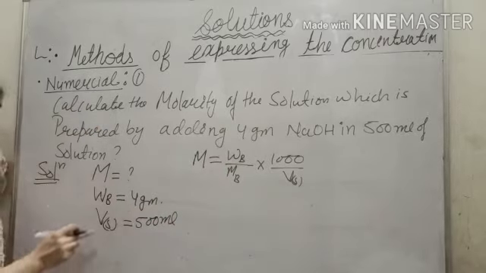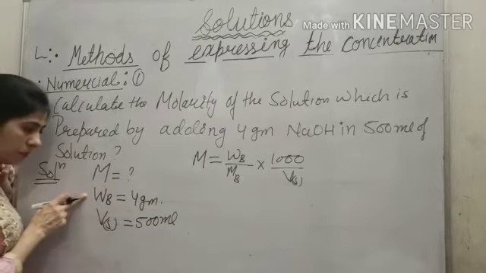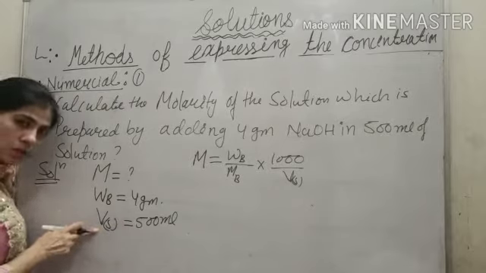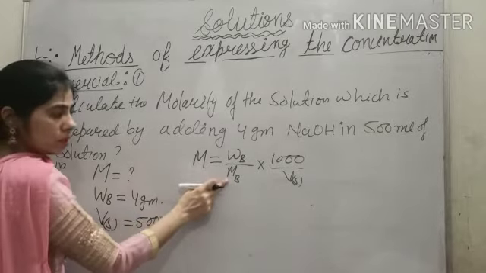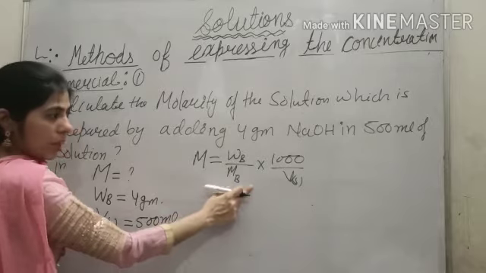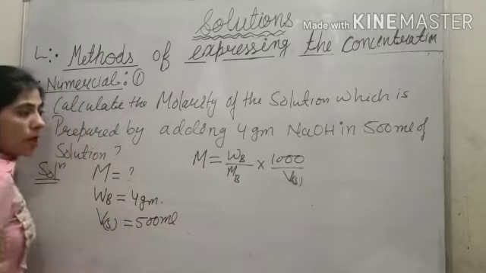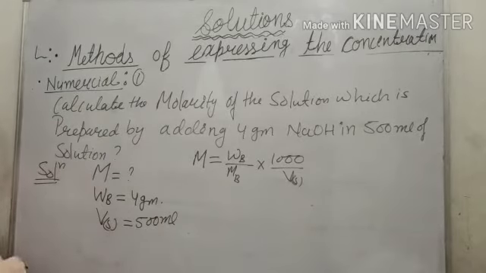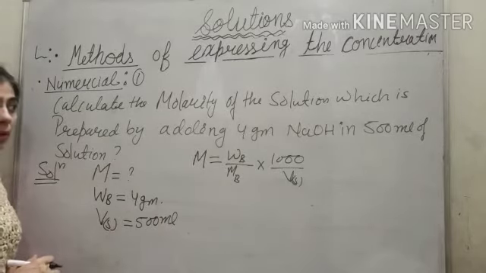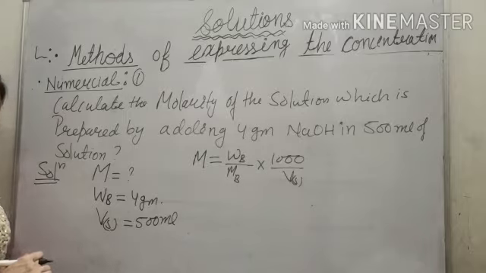And what is given to us? WB is given. Volume of the solution is also given. Now what is the value of MB? MB is the molecular mass of the solute, and molecular mass is calculated by adding the atomic masses of the elements present in a compound.